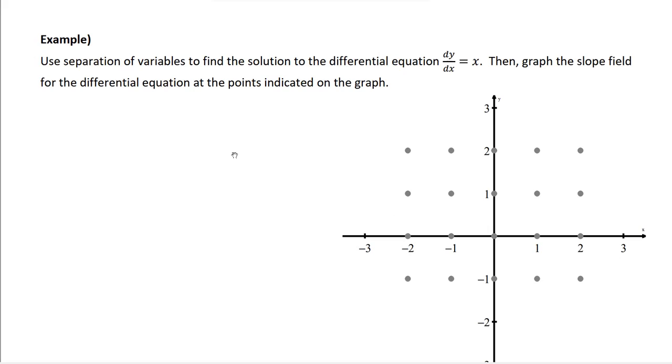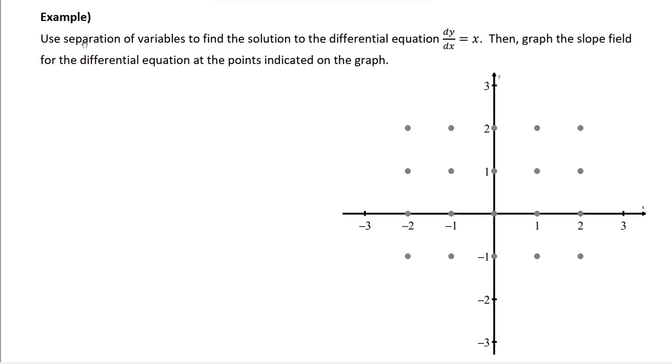All right, so for instance, I want to use separation of variables to find the solution, and then graph the slope field for the differential equation at the points indicated on the graph. So first I am going to draw the slope. If this is 1 and I plug it into the actual derivative, dy/dx is equal to x, or y prime is equal to x.